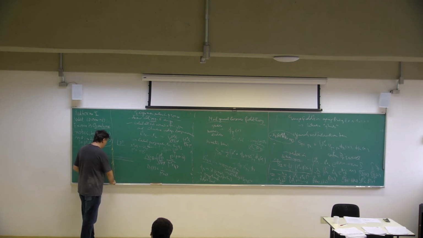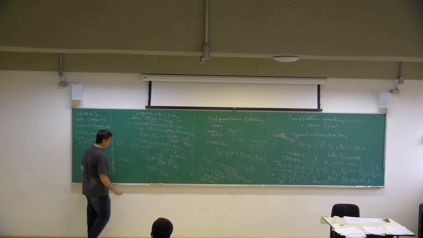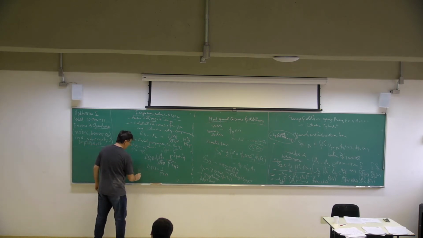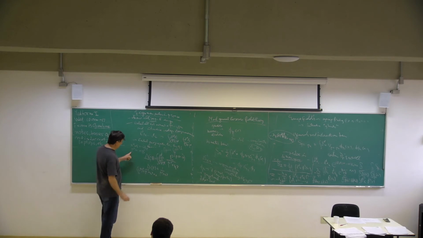However, remember the problem was that when doing so, the pole is at P4 squared plus P squared plus M squared equal to 0. But this is minus P0 squared, right?